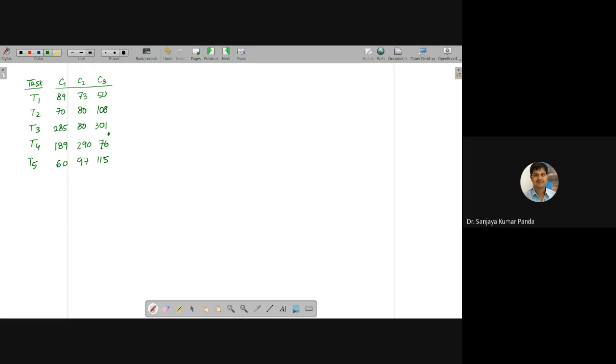And assume that before executing these tasks, C1 is busy for 135 units of time, C2 is busy for, let's say, 367 units of time, and C3 is busy for 37 units of time, which we call the ready time.